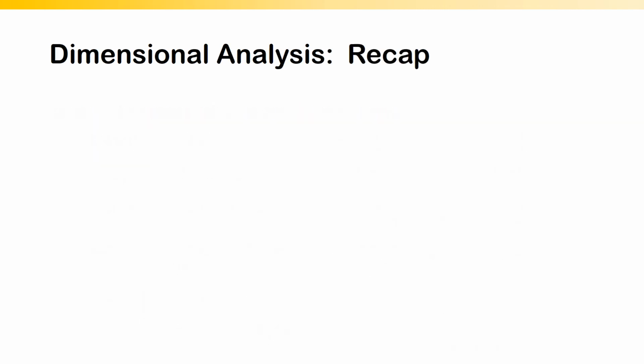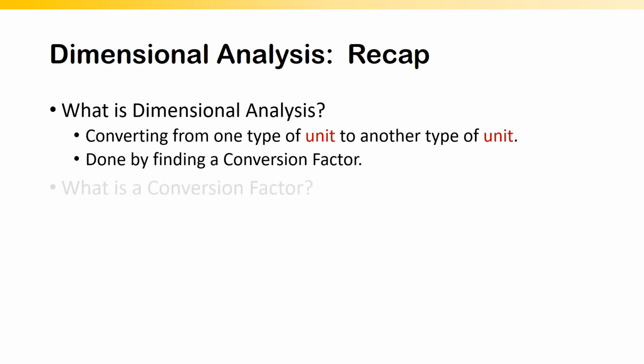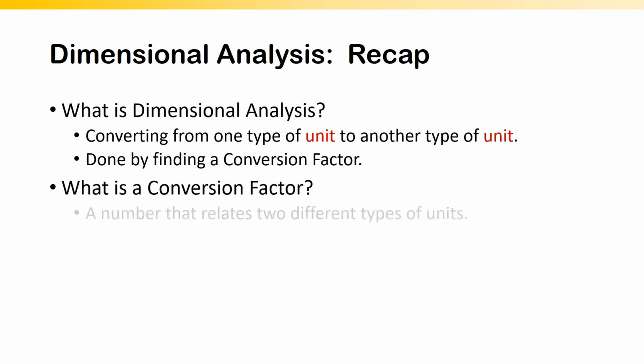To recap what we've done in this video, we first off defined dimensional analysis as a system of converting from one type of unit to another type of unit. This involved using a conversion factor. And we answered the question of what is a conversion factor. And we said that it's a number that relates two different types of units. And we looked at some examples.